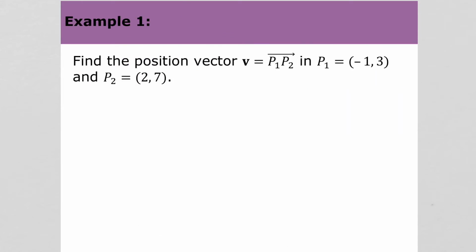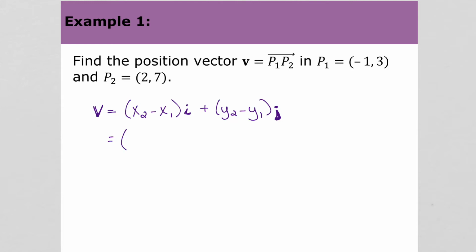So for example 1, if we want to do this in rectangular form, then we say (x2 minus x1) times i plus (y2 minus y1) times j. And the reason I'm making those bold is because i and j are vectors in themselves.